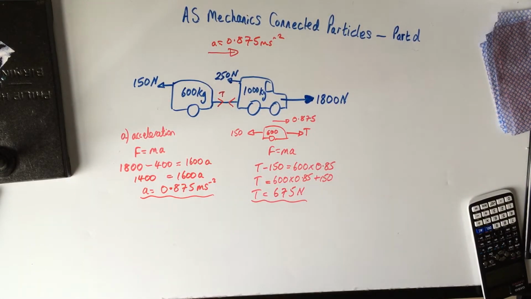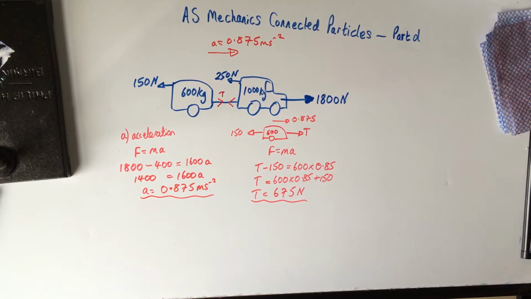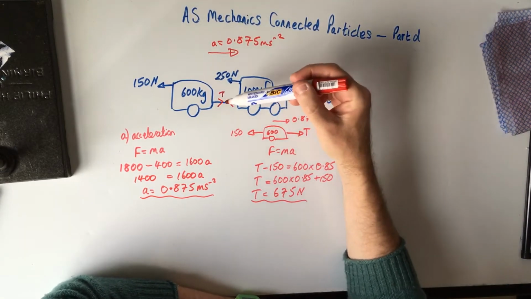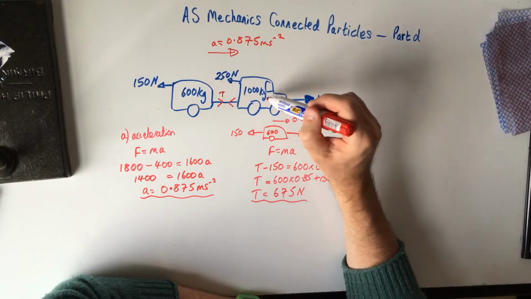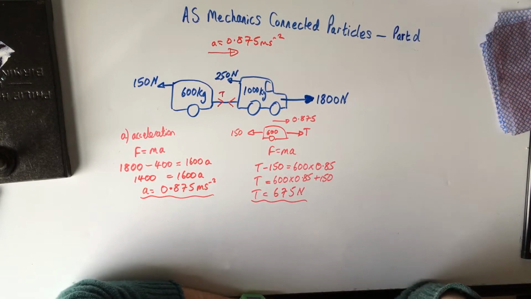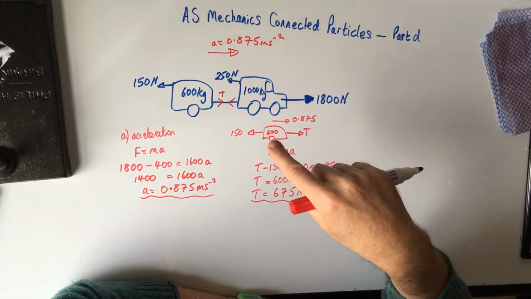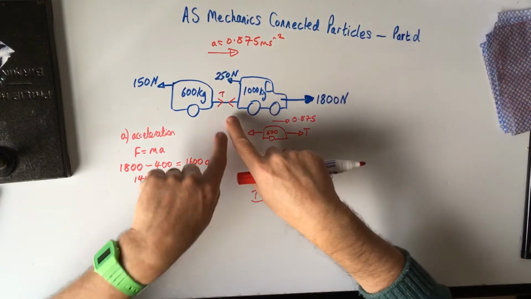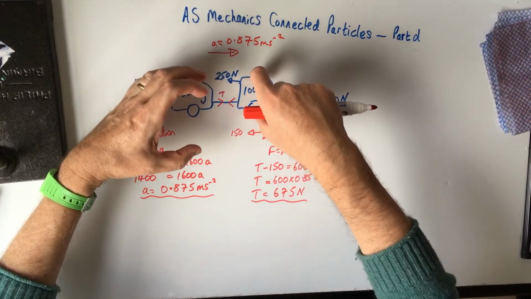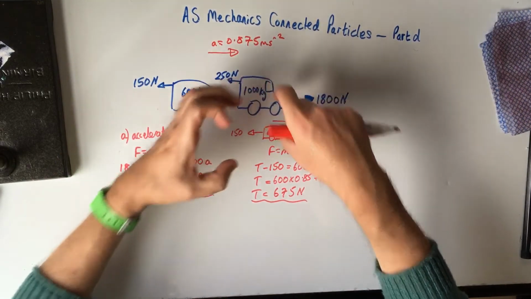Okay, now there's a part B to this, and part B is that you're going to get asked about what happens when this vehicle starts to brake. Now I've done a sort of a mock-up of that. So first of all, what happens when it brakes? When it brakes, instead of pulling, the brake is pushing against it.